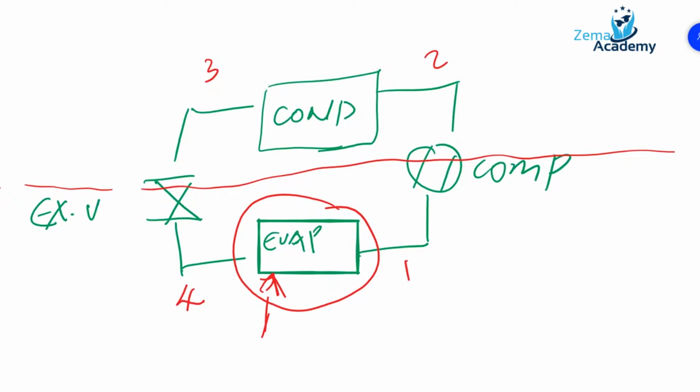So inside the evaporator, at point number 4, what we start with is a low temperature and low pressure liquid, and that is what's going into the evaporator. As it travels through the heat exchanger, the refrigerant boils.